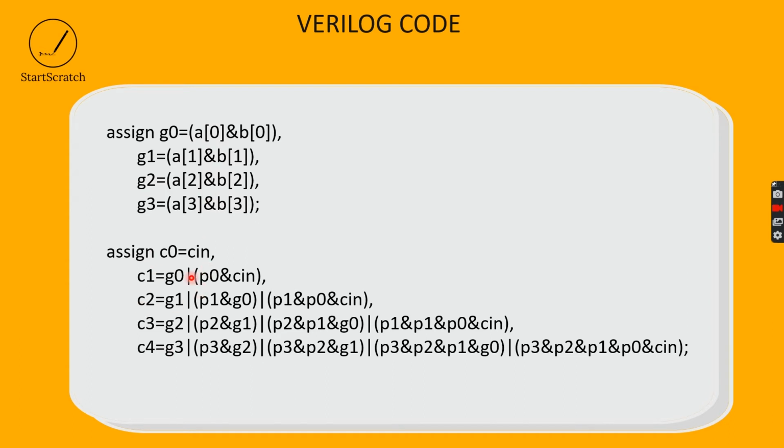And here for C0, C1, C2, C3, we use OR operations between G0 and the AND of P0 with Cn, like that.